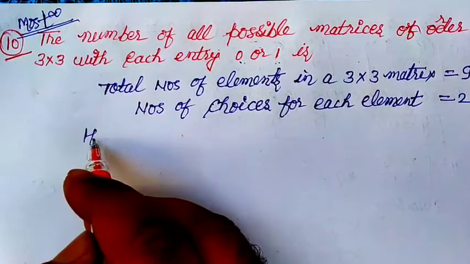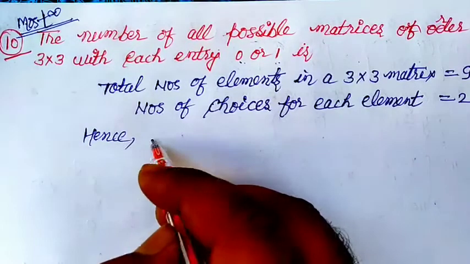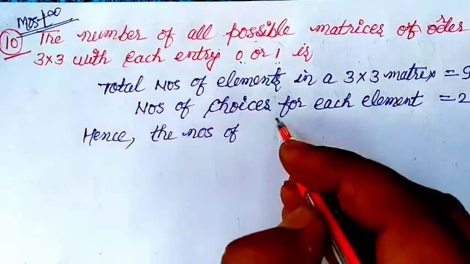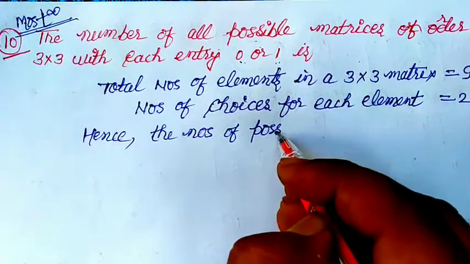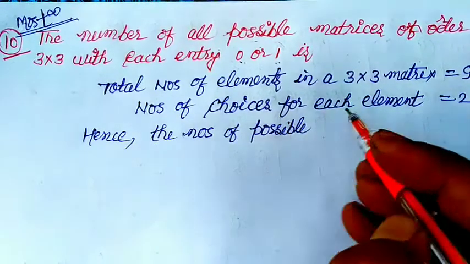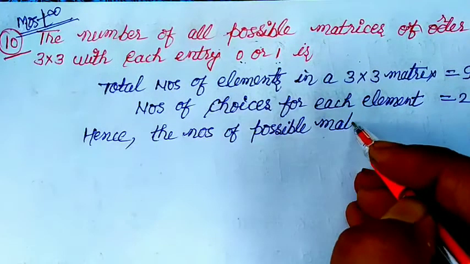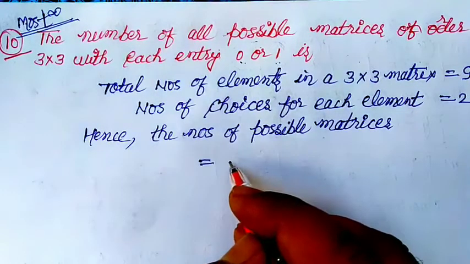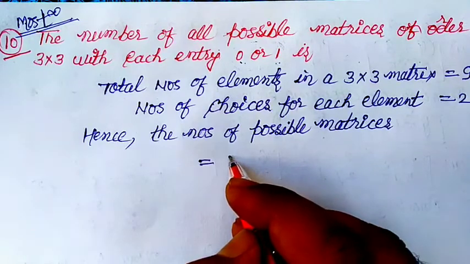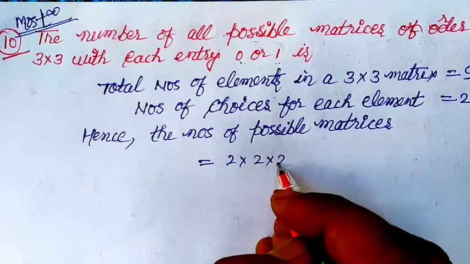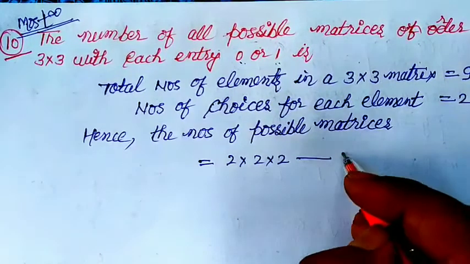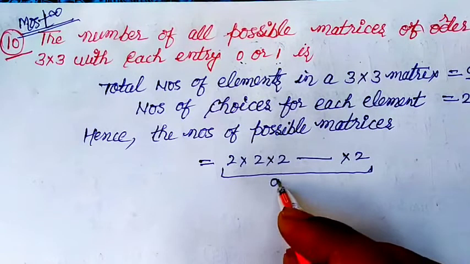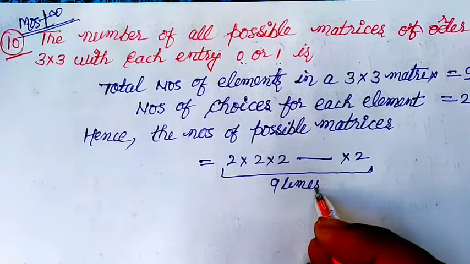Hence the number of possible matrices equals 2 multiplied by 2 multiplied by 2 and so on, 2 multiplied 9 times, isn't it?